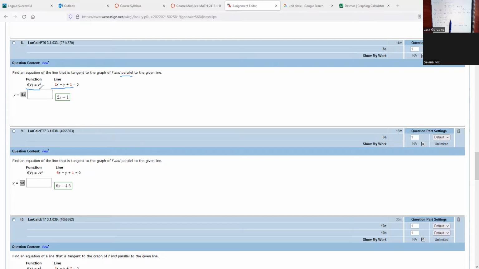We've got to plug into the original and get a value. Plug in the slope. Let's see what they did. Maybe I forgot something. Oh, I see.